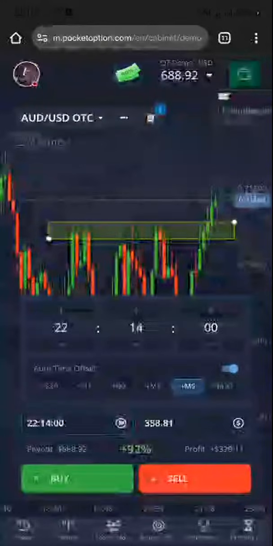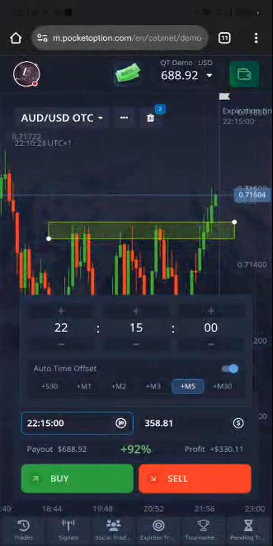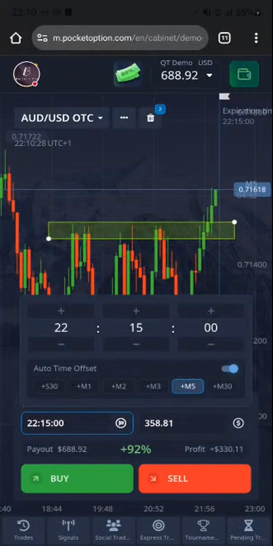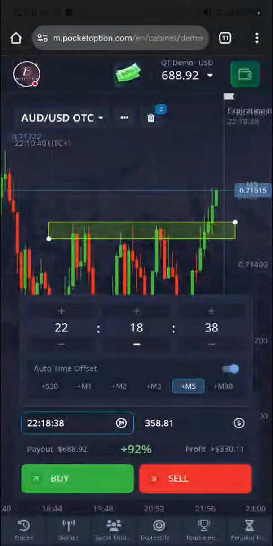Now, because we're on M5, the minute hand has to be in multiples of 5. So the minute hand has to be probably 10, 15, 20, 25. It cannot be 14. It cannot be anything other than a multiple of 5, because the candles are going to be moving in multiples of 5.